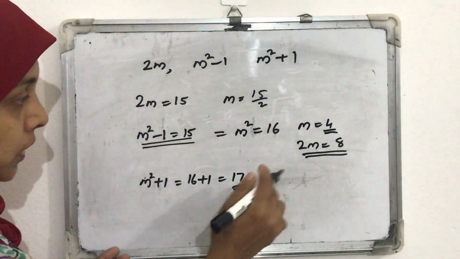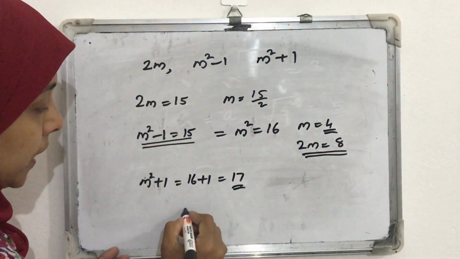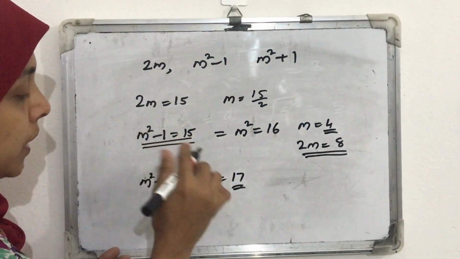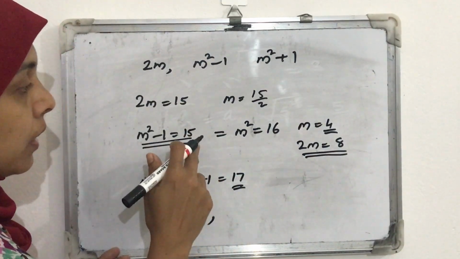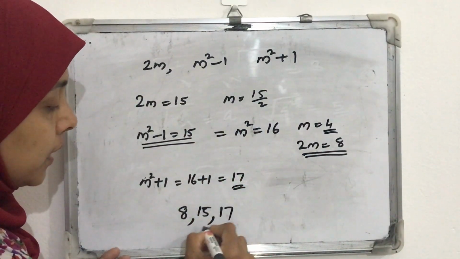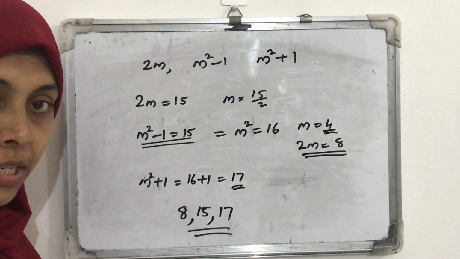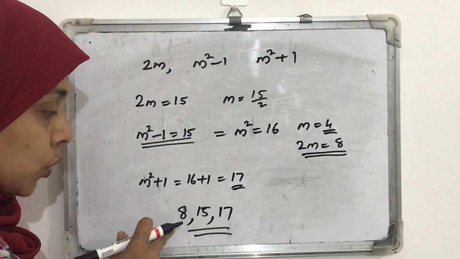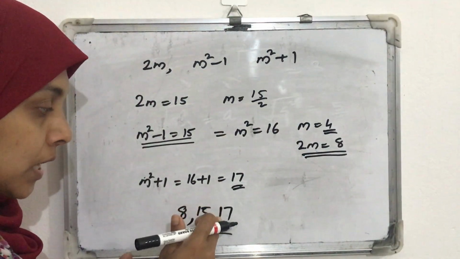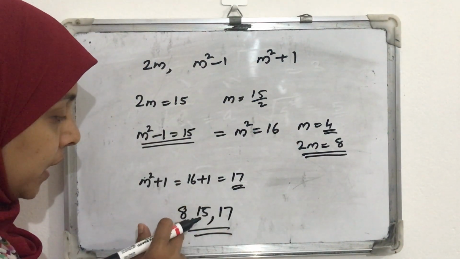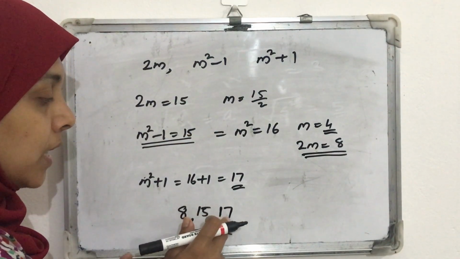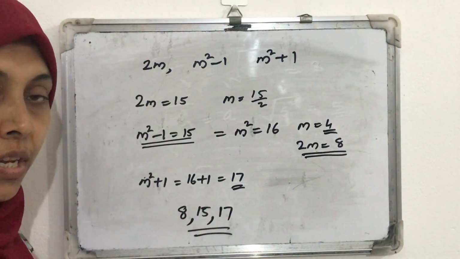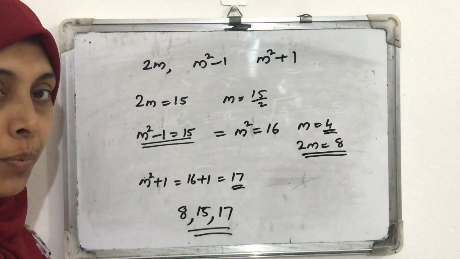One is 2m, that's 8. Next m square minus 1, 15. Now m square plus 1, 17. These are the Pythagorean triplets. And you can check whether it is correct or not. If you take 8 square plus 15 square, that will be equal to 17 square. When we take the sum of these squares, its answer will be 17 square. Only then does it form a Pythagorean triplet.